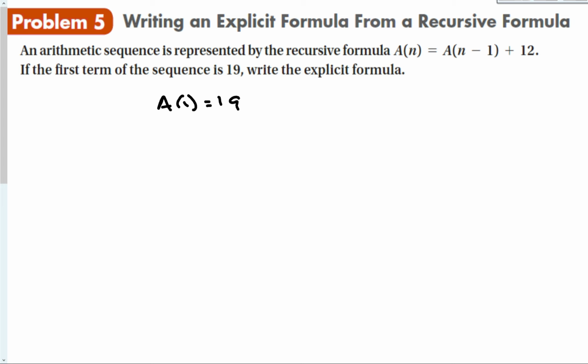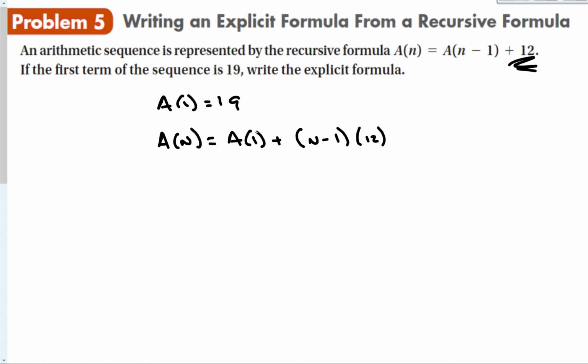So I don't even need to really mess around with this too much because I know that this is going to be my common difference. So all I have to do is say that a of n is going to be equal to a of 1 plus n minus 1 times d, which is 12.